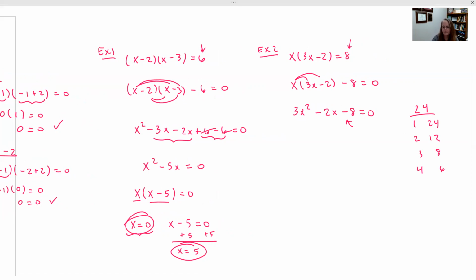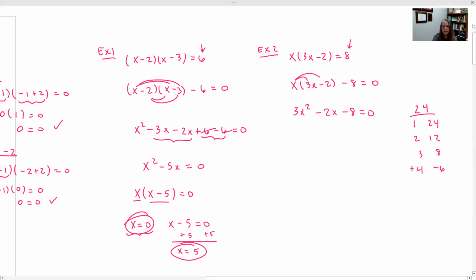I'm going to have different signs on my factors, and those different signs mean that I subtract those factors to get 2. So 4 and 6 have a difference of 2. The signs that I'm going to put on them are minus and plus. Because that 2 is negative, I want my bigger factor to be negative.